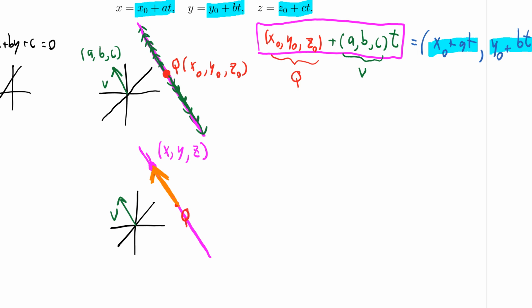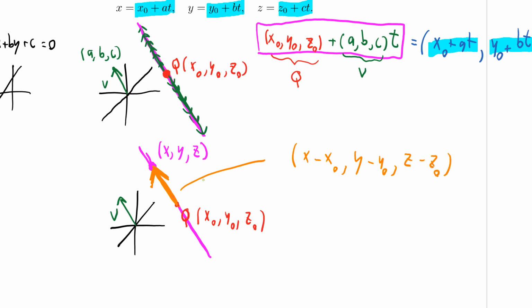Now, if I compute this vector, my orange vector has to be parallel to the green vector. But what is this orange vector? Because the coordinate of my Q is x0, y0, z0, my orange vector is actually just (x minus x0, y minus y0, z minus z0).